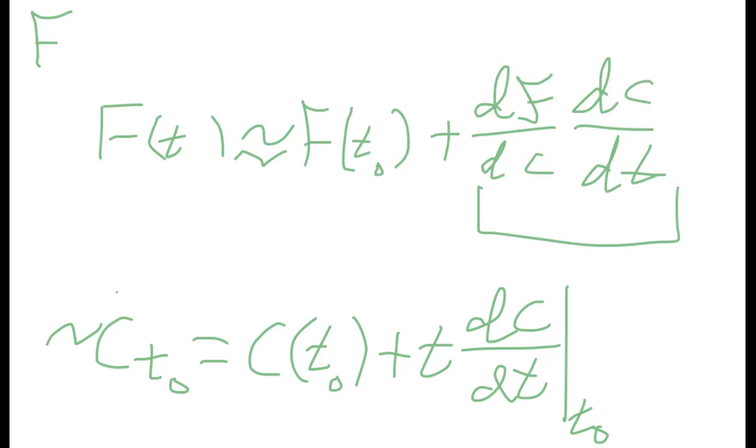Because if we take this element here and we call this bit here v, then this component here, dc/dt, is just v. So the derivative of that is just v.